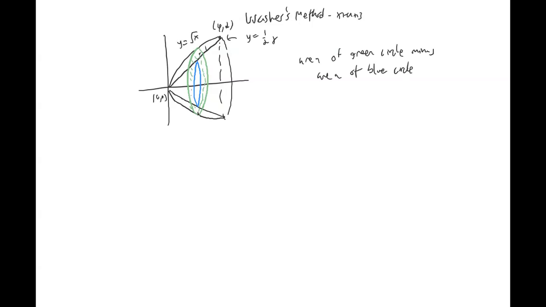So in this case, we're integrating from 0 to what? This thing's 4? Yes, 4. It's pi times the green circle, the outer one, root x squared, and then the blue circle is pi times 1/2 x squared, dx.